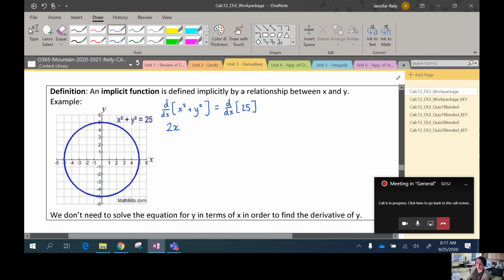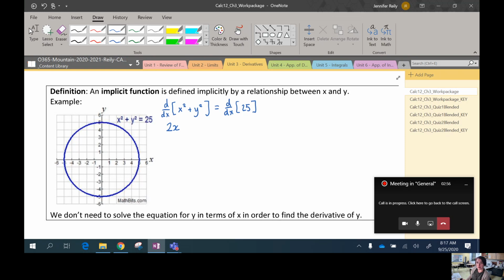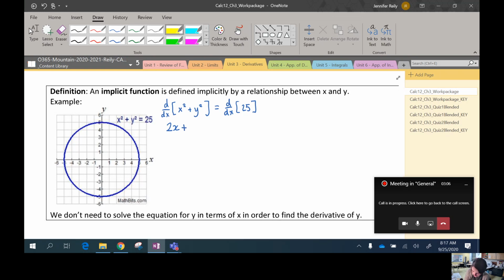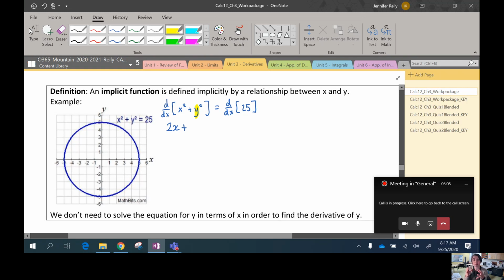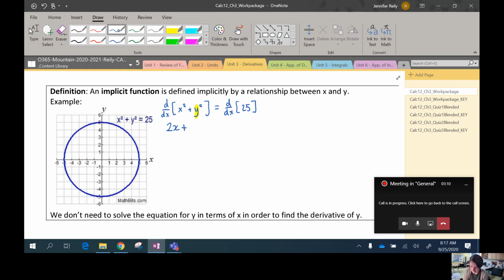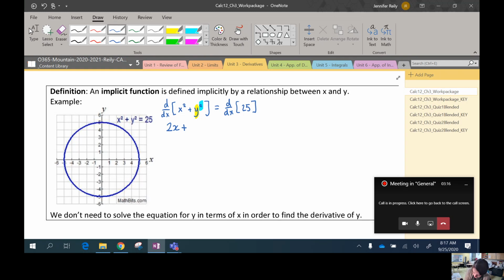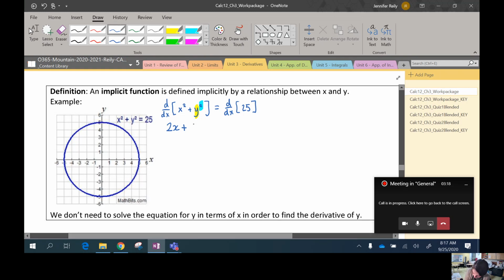Now when we take the derivative with respect to x of y squared, we have to use the chain rule. y is some function of x that we don't know, so we think of y as the inner function from our chain rule, and then it's being squared, which is the outer function. When we do the chain rule, we do the outer part first.